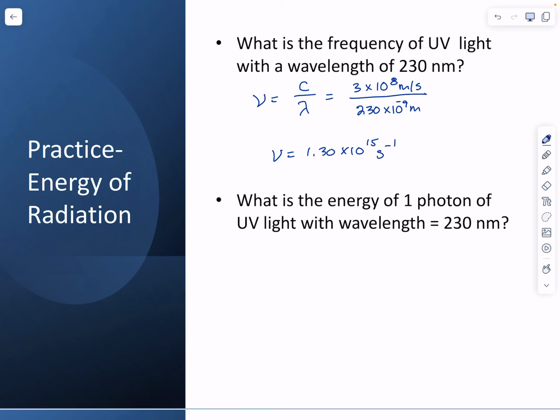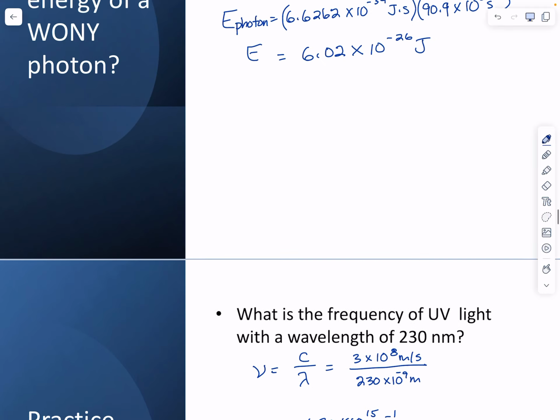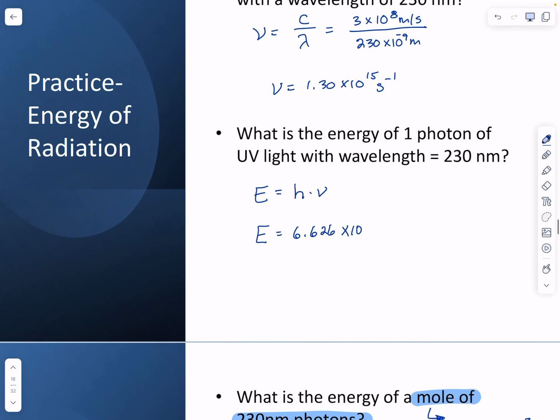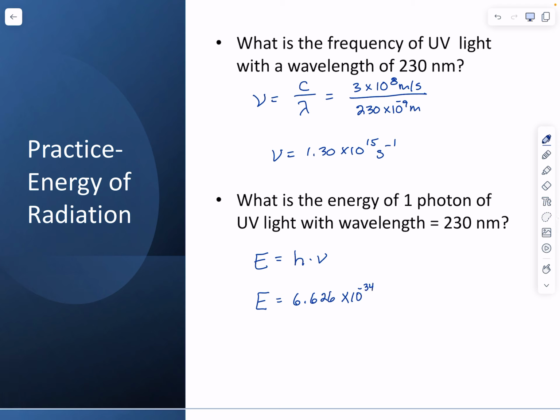Now our energy of one photon is going to be Planck's constant times the frequency. So that's 6.626 times 10 to the minus 34 joules per second, and we take our frequency and multiply by 6.626 times 10 to the minus 34.